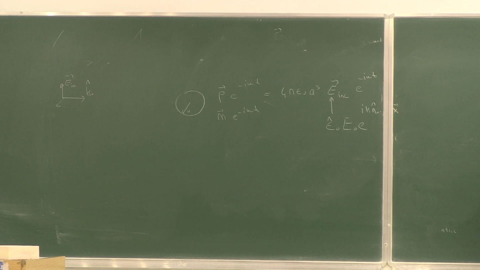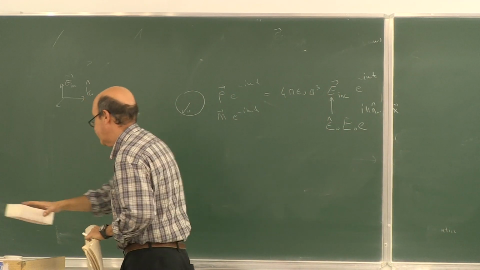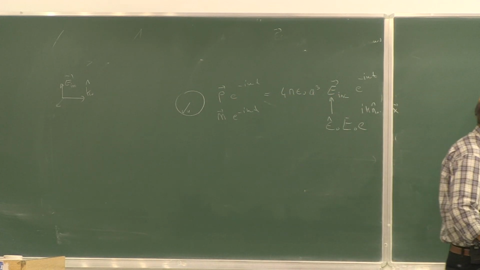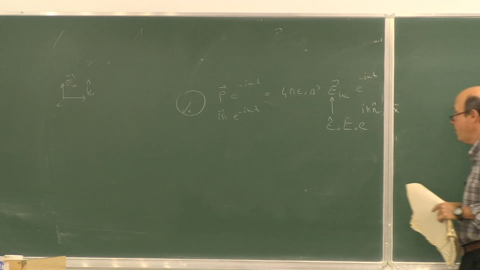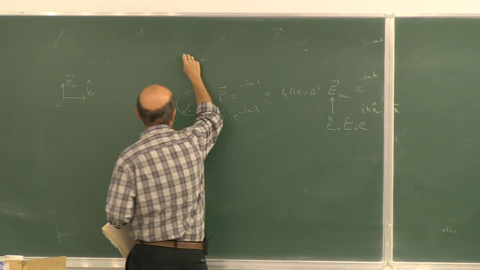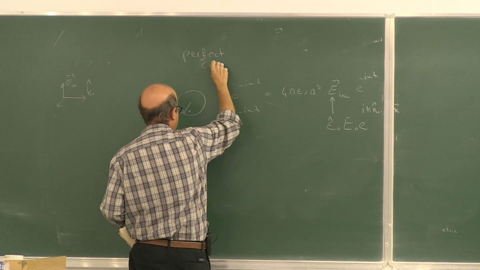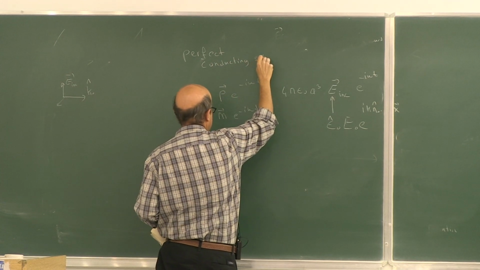And how about the magnetic dipole moment of the sphere, for a perfectly conducting sphere? What can you do?